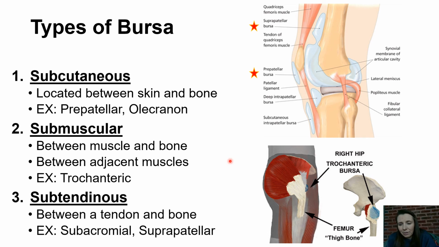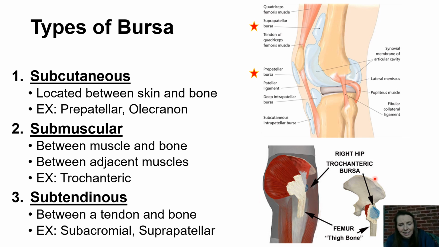An example of this would be the trochanteric bursa. Here you can see the trochanteric bursa of the right hip. It's essentially going to be in between the gluteus maximus muscle and the TFL, the tensor fasciae lata muscle. It's going to be located in between the muscle and the head of the femur.